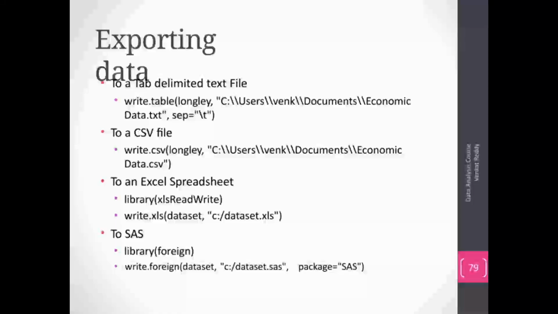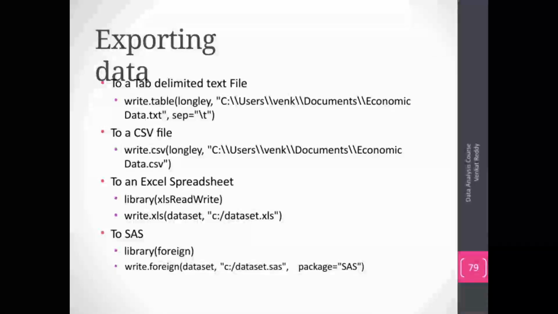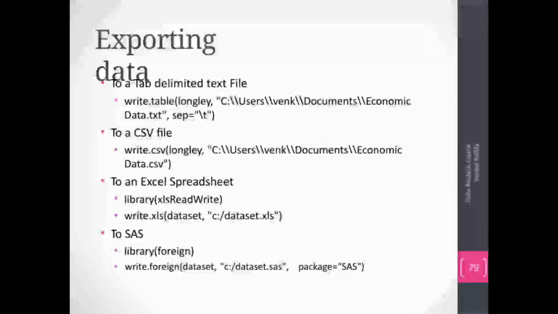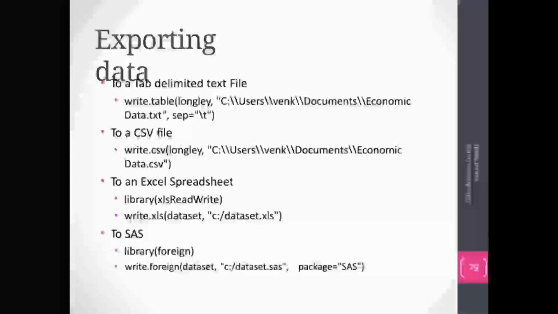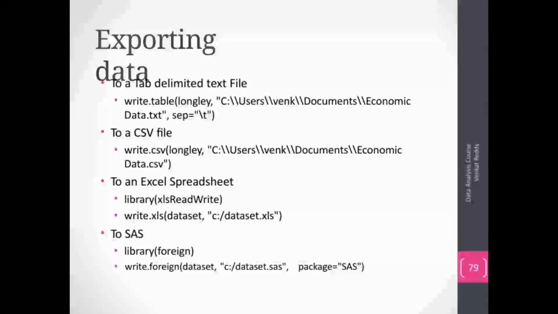For exporting to a CSV file, which is very common, we use write.csv, again specifying the dataset and the file path, like C:/users/venc/documents/economic data.csv. CSV files are widely supported and easy to work with. If we prefer to export to an Excel spreadsheet, we need to load the XLS read-write library, and then we can use write.xls to save the dataset as an XLS file.